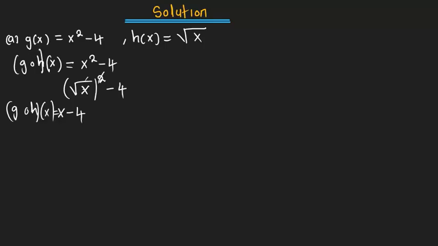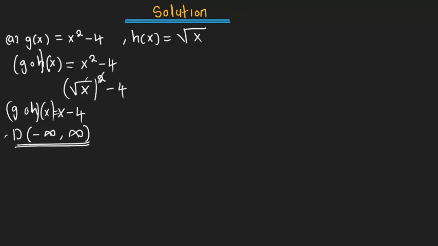Now, what is the domain of this particular function? Notice that x minus 4 is a polynomial function. Henceforth, its domain is going to range all the way from negative infinity to positive infinity. That is the answer.